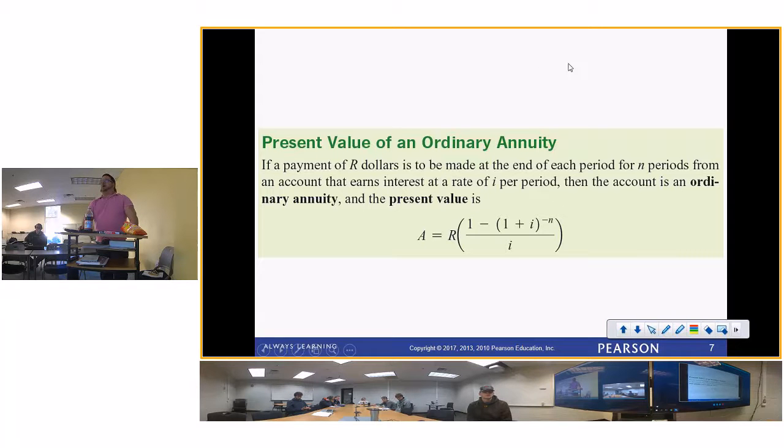What kind of payment do I need to put in? Before we had the payment, right? Now we're going to find what kind of payment do I need to pay? Do I need to pay $200 a month? Do I need to pay $500 a month? And that's what this is for. And again, you got weird numbers, and it'll make sense once you see the first.